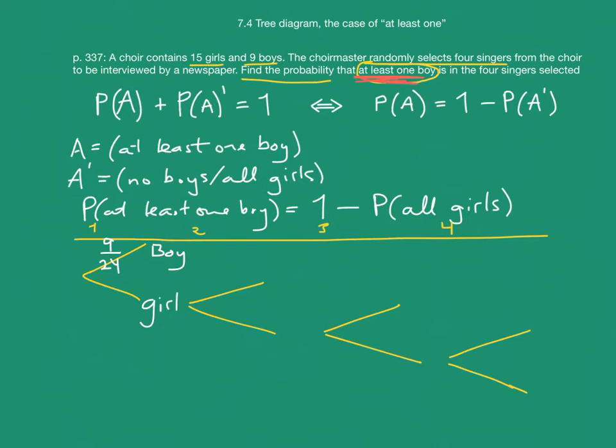And the probability that the first pick is a girl is 15 out of 24, because there are 15 girls in the choir. Now, the next part is important. We're not really concerned about the probability for picking boys, because we wanted to find the probability that we're only selecting girls.